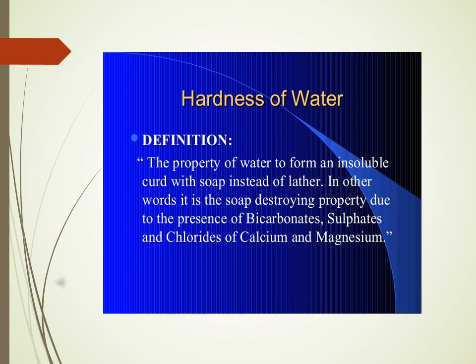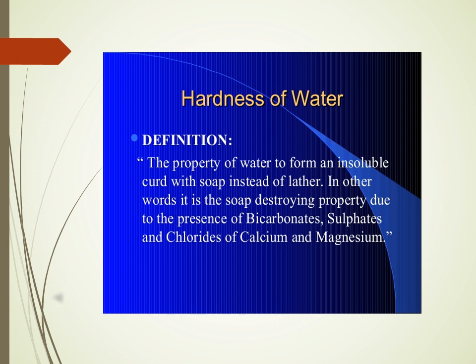However, in practice, we generally consider the hardness of a water sample as a measure of its calcium and magnesium ion content. It means in general, we consider hardness in terms of calcium and magnesium ion impurities.